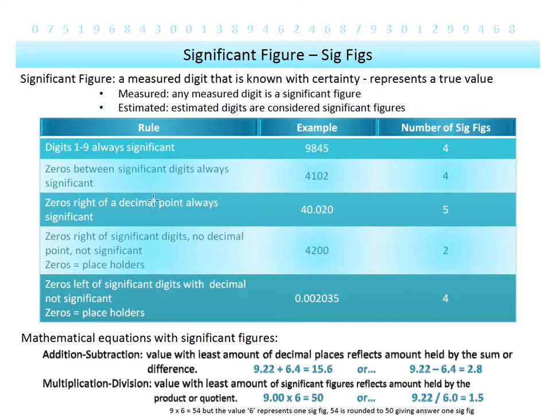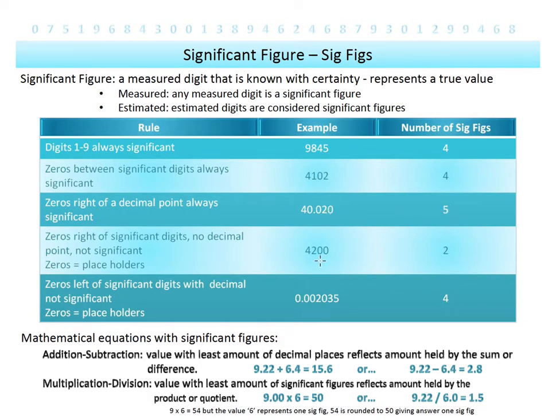So zeros right of a decimal place are always significant, except they're missing one little rule that they should have added on: as long as there's a real number. So as soon as there's a real number that starts here, these are all significant. These are zeros in the middle, they count. Any 0 after real numbers after the decimal, they count. So the total number in here is 5 significant figures.